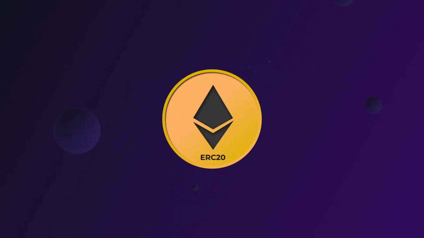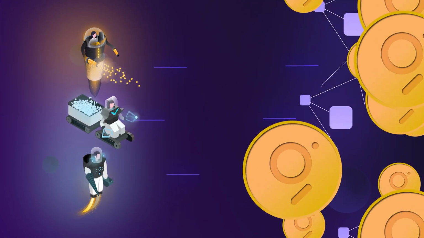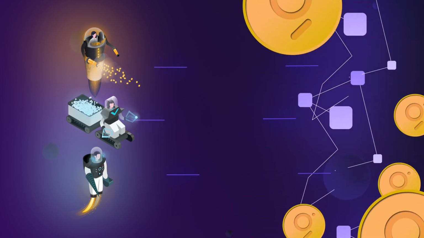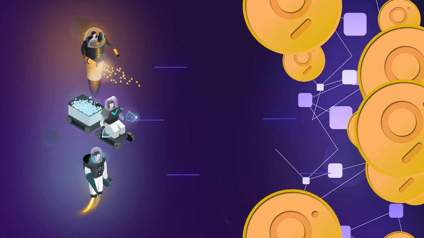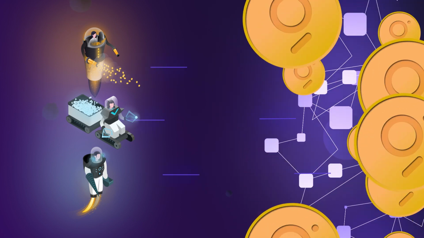GRT is a work token that is an ERC20 on the Ethereum blockchain, used to allocate resources in the network. Active indexers, curators, and delegators can provide services and earn income from the network, proportional to the amount of work they perform and their GRT stake.